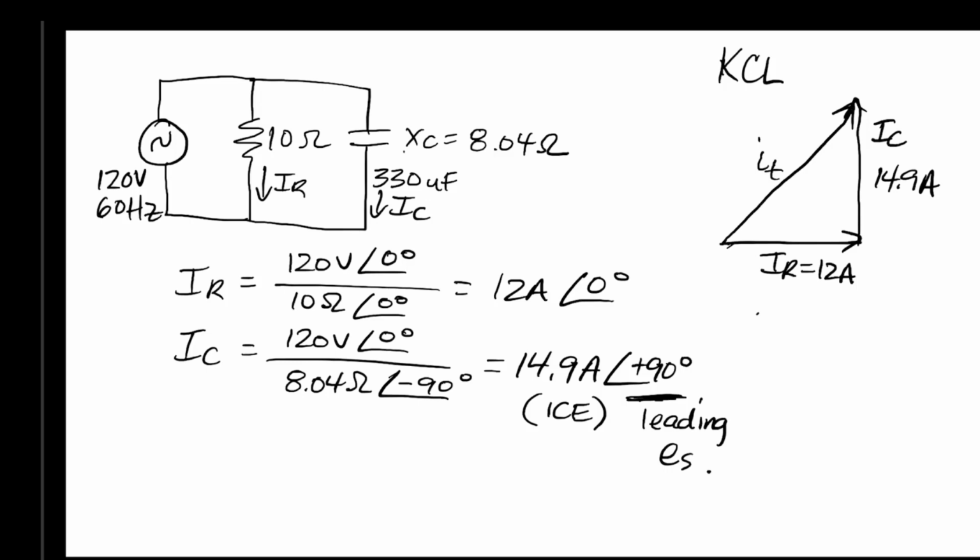So the I total value can be expressed as 12 amps plus j 14.9 amps, or as a polar value, we convert 12 plus j 14.9 to polar and we've got 19.1 amps at an angle of 51 degrees.